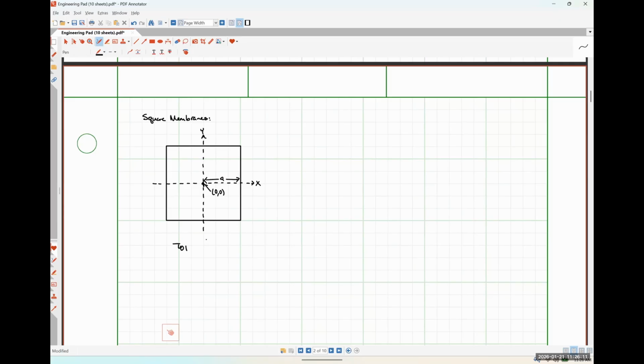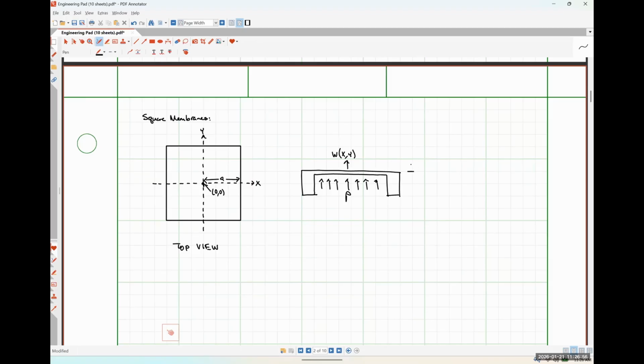So here's our top view. And then our side view picture is going to be pretty much exactly the same thing. So now with some differential pressure acting on the membrane, like so, what we'll see is some displacement, but now this displacement is going to be a function of both x and y.